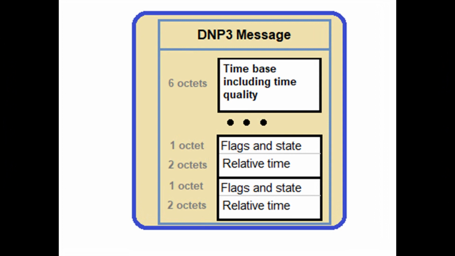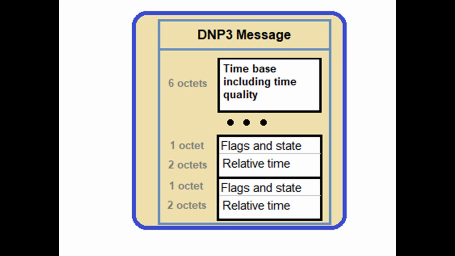Another way to report time is with relative time. Relative time requires two objects. The outstation first sends a time base in its own time object. The time base is the same 6-octet format as an absolute time embedded in the absolute time binary event variation.